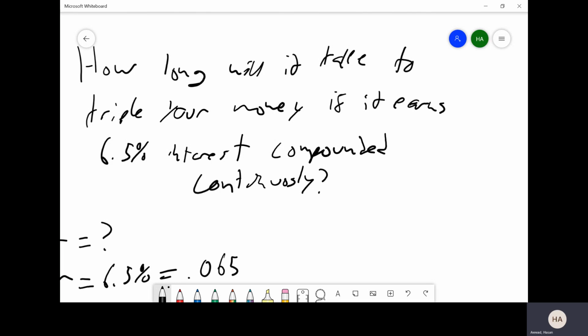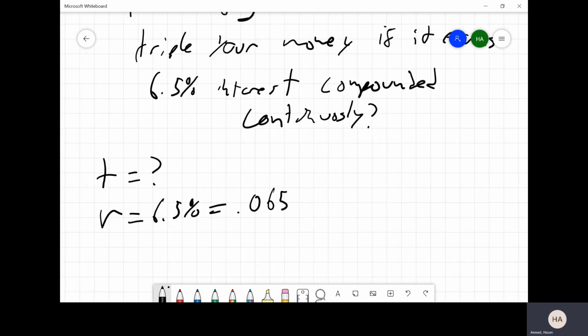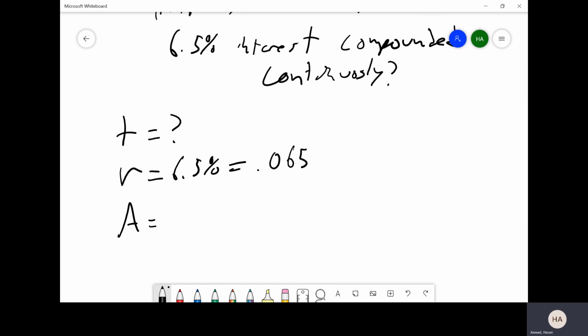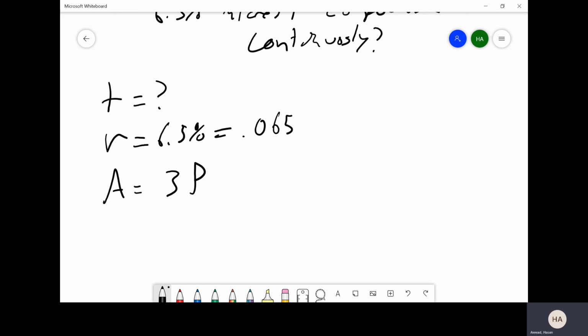Do we have a certain amount of money that we're putting in, and a certain amount we know we're going to get at the end? Well, we know for a fact that what we're supposed to get in the end is 3 times the amount that we started with. So we can say A is essentially 3 times P.